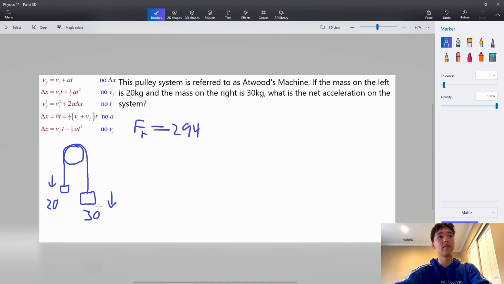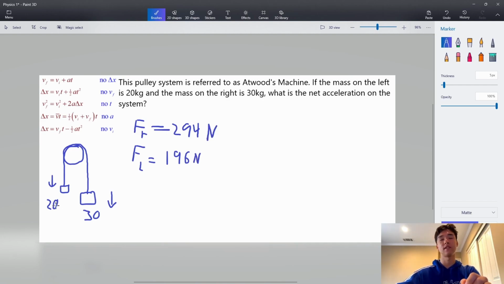This is done by 30 times 9.8, and 9.8 is gravity. And then the force on the left side is 20 times 9.8, which is 196 newtons. So these are both in newtons.